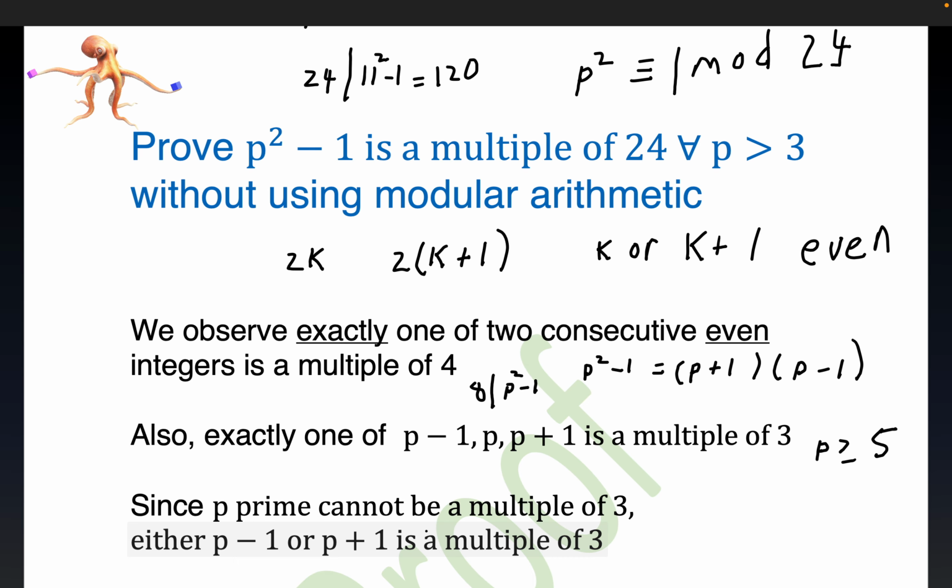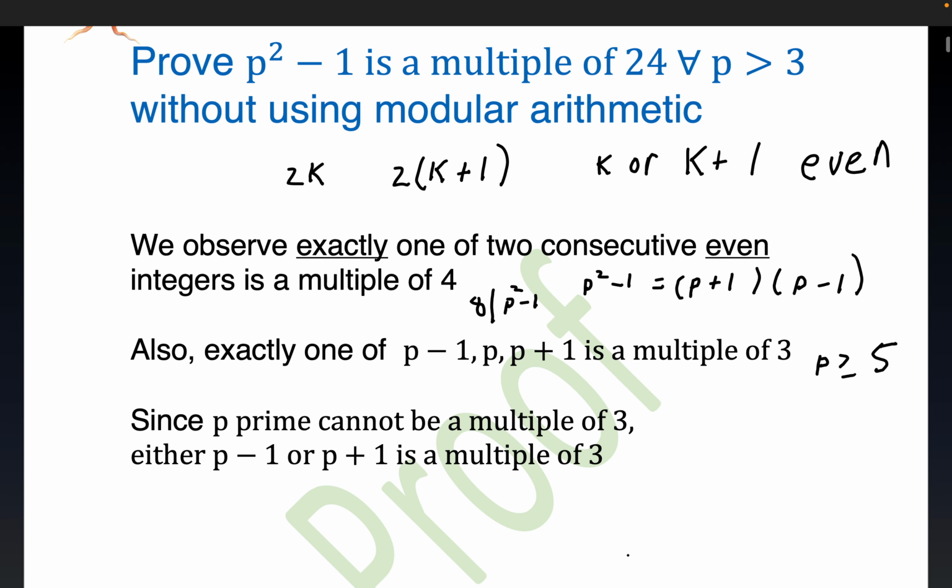So you see, p wouldn't be prime if it were a multiple of 3, right? So either p minus 1 or p plus 1 is a multiple of 3, right? Maybe both, I think. No, just one, right? Yeah, just one. And so y'all, what is it that we've proven? That 3 divides p squared minus 1, right?